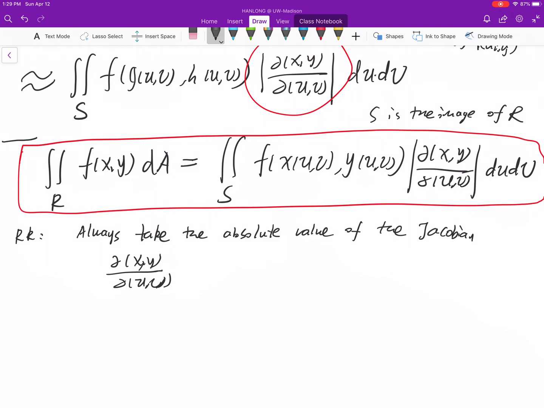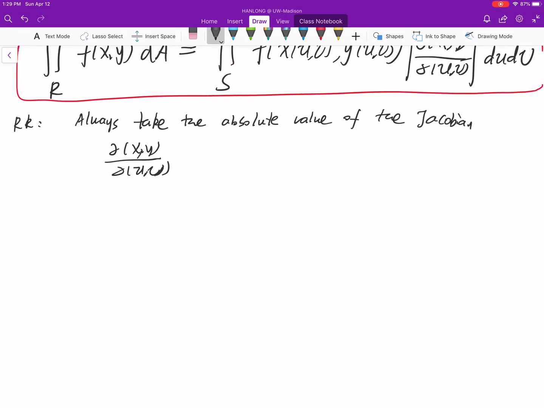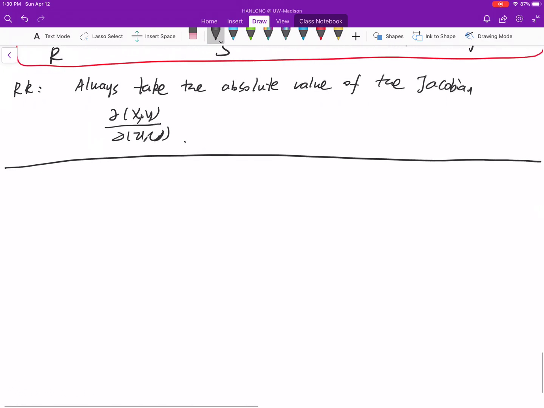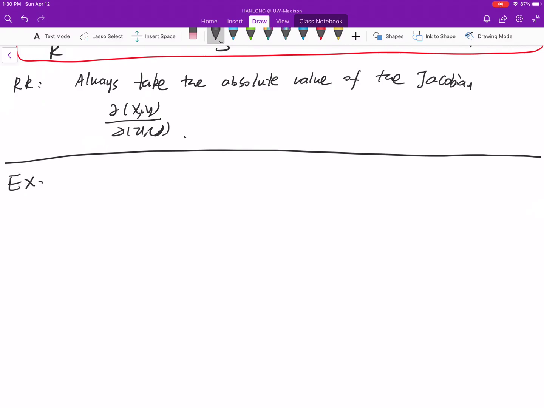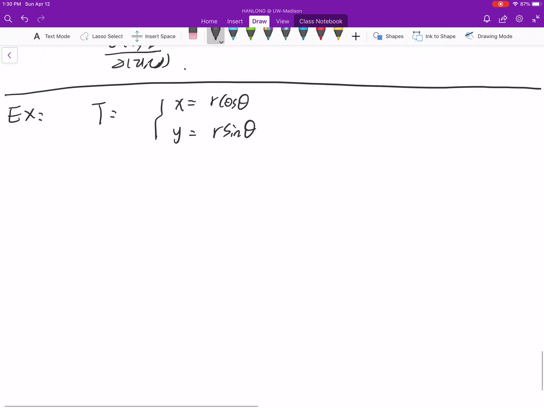The function can be negative, but the area is always positive. Therefore, you need to take the absolute value of the Jacobian here. Okay, so don't forget the absolute value symbol. And an easy example is we can work out the polar coordinates.